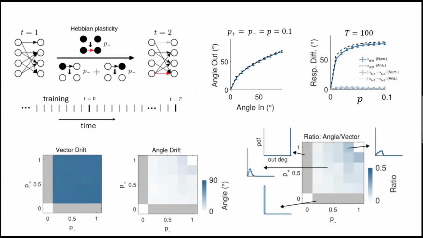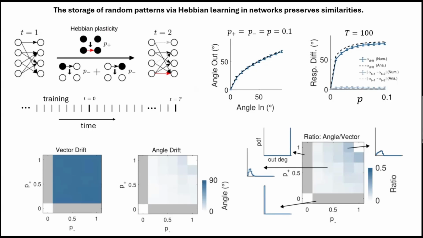In that case, if you look at the out degree, it's highly skewed to large out degrees. And that means there are certain cells in the input layer that are projecting very broadly to the output layer. And that means that even very different input patterns are getting projected to similar output patterns. And that's when it breaks down. So the storage of random patterns via Hebbian learning in networks preserves similarities as well.